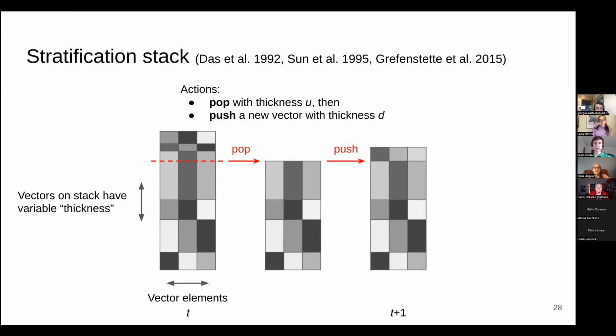In this case, the actions include a pop signal between 0 and 1, which tells you how much to slice off the top of the cake. The actions also include a push vector and a push signal between 0 and 1, which is the thickness of the newly pushed vector, which I've illustrated here.